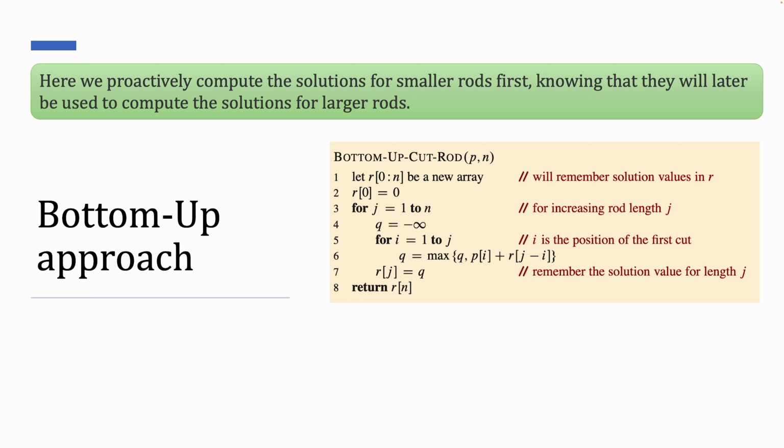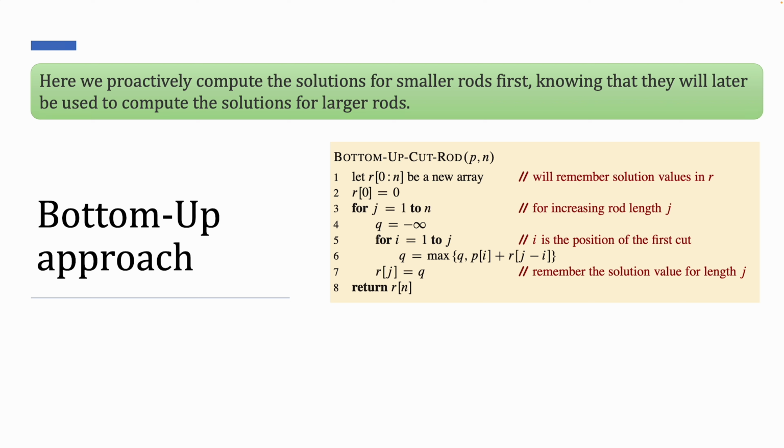Therefore, we're going to start all the way from the minimum size of the problem, and go up and proactively compute a solution to all of these subproblems. And with this reordering, we guarantee that we are not solving a problem more than once, and we don't even need to check if we have seen this subproblem before.